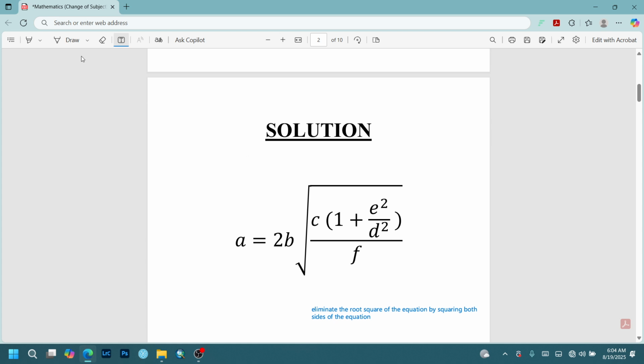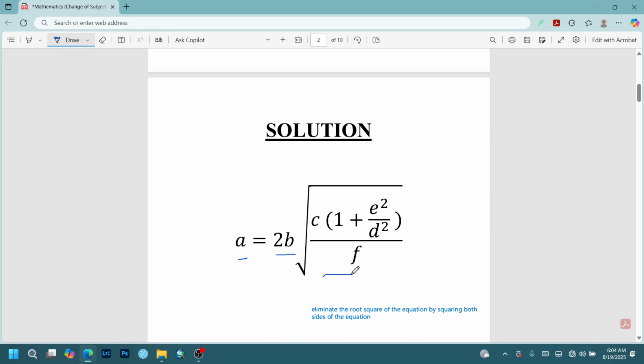And based on our given equation, we have three sets, or three sides of the equation, which is A, 2B, and the root square of the fraction C multiplying 1 plus the fraction E square over D square, all in bracket over F, right?